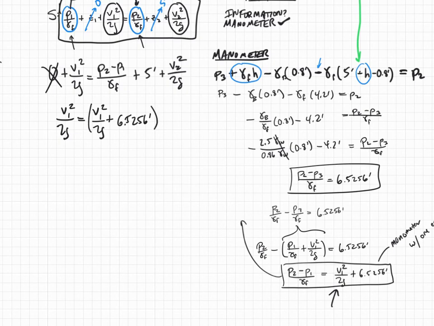I just plug that in for this, plus 5 feet plus V2 squared on 2G. This is getting kind of annoying, right? But look, things are working out pretty well. We've got this on both sides, so that goes away. No guarantee that's going to happen for you.